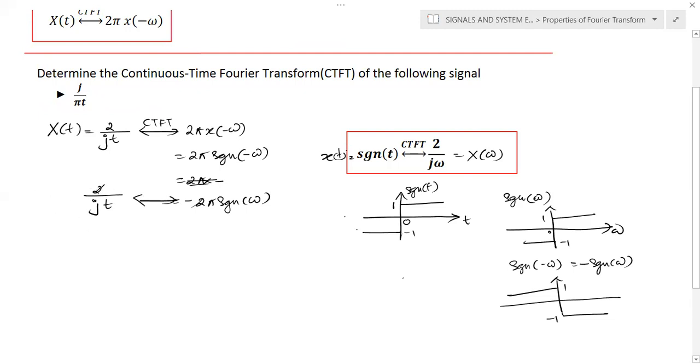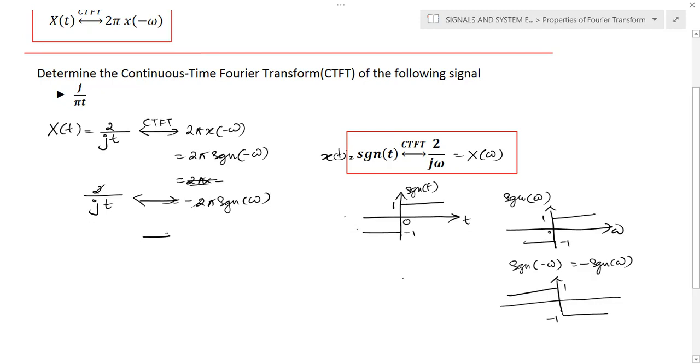So if you multiply j, it becomes j. Sorry, you need to multiply. Here we need to make it j. So I need some rearrangement in this particular question. Also pi is required in the equation.